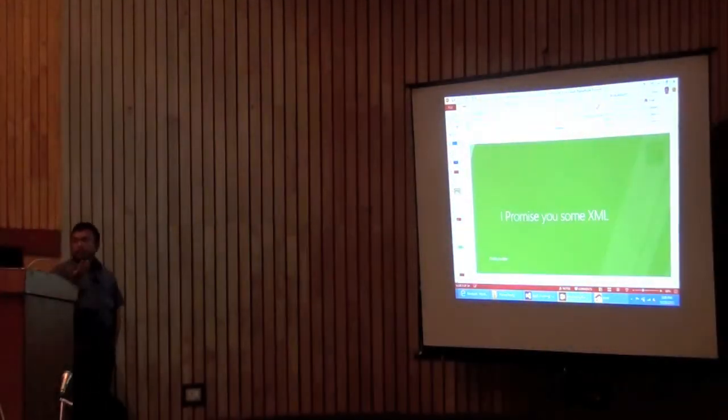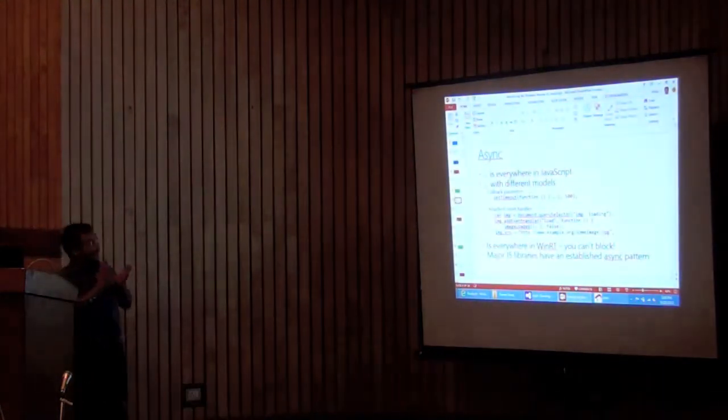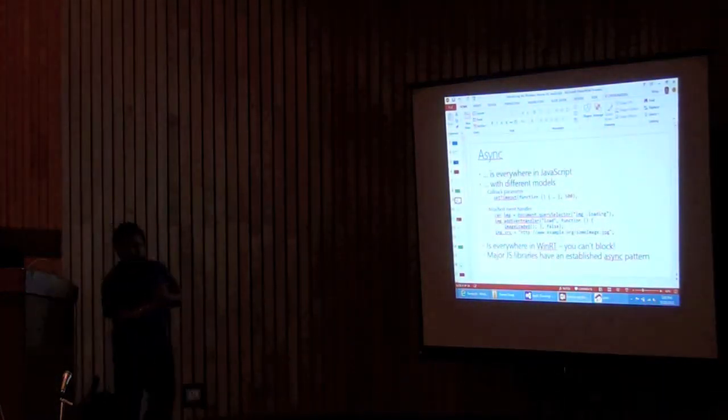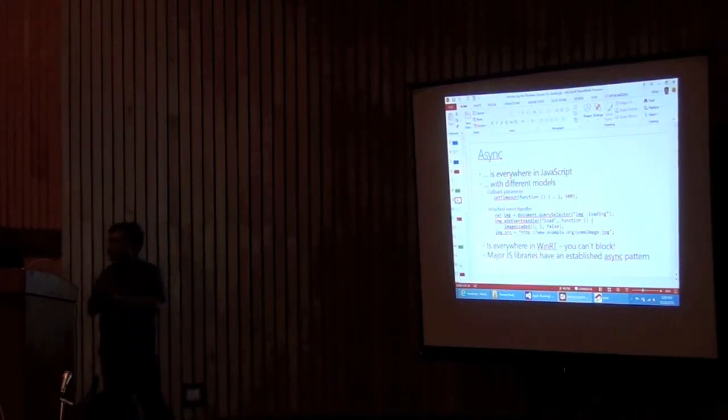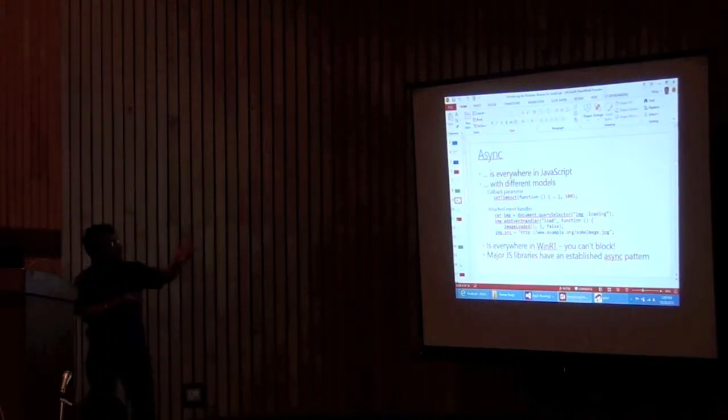Now we'll talk about promises a little later, but before that, what I'm going to show you is how the async model really looks like in JavaScript. Everywhere within JavaScript for Windows 8, it's async. There are quite a few models for implementing async. One is a callback mechanism, where you can set a timeout, call a function and put a wait time.